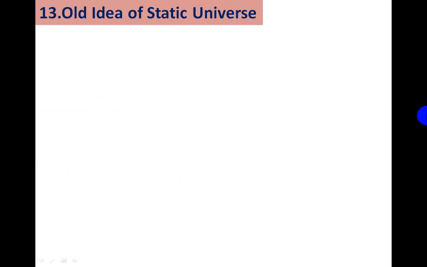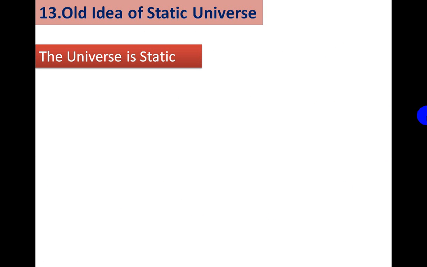Old idea of a static universe. Before Hubble's discovery, people had the idea that the universe was static. A static universe would collapse due to gravitational force. So they assumed gravitational force was repulsive at a very large distance, and the universe was infinite, where attractive forces of near galaxies are neutralized by those that are further away.